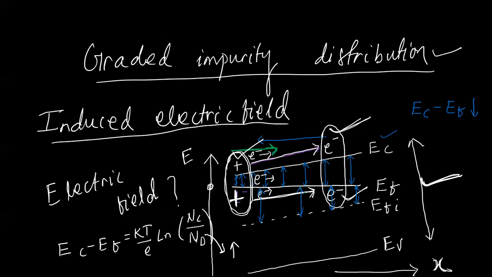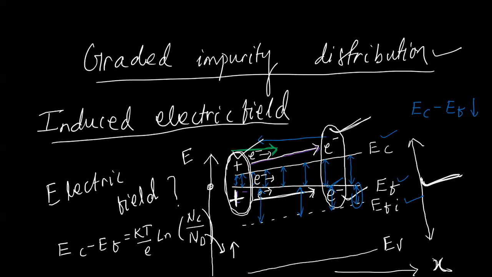If you want to write the electric potential from energy, what is the change in the Fermi energy level? Initially it was EFi, the intrinsic Fermi energy level, like an intrinsic semiconductor. Then you doped it, and because of doping there is a change in the Fermi energy level. So initially you have the value EFi, then for this much doping you got EF. As the doping profile increases, the change in the Fermi energy level occurs, right?